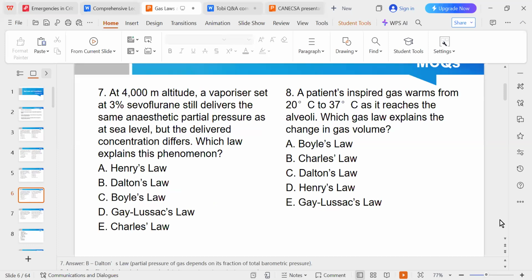Number 7, at 4,000 meter altitude, the vaporizer setting of 3% sevoflurane still delivers the same anesthetic partial pressure as at sea level, but the delivered concentration differs.